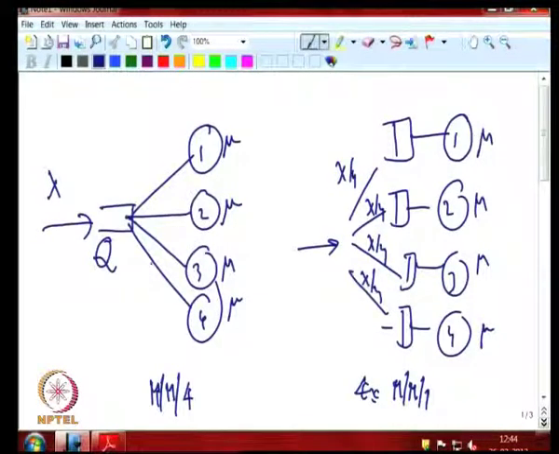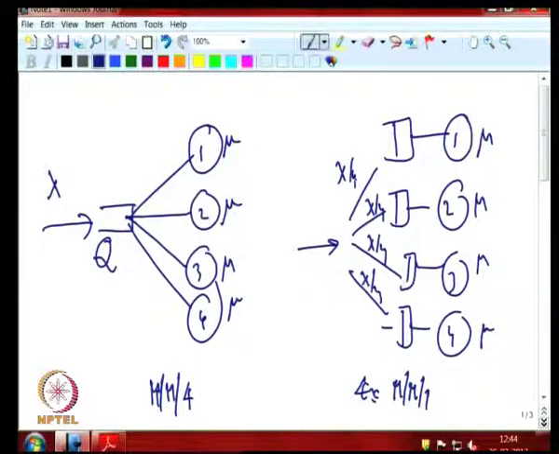remember that for separate queues, you have lambda by, here I have set 4, but actually I am doing MM2 there. So it is lambda by 2. So the actual rate at which things are coming is lambda by 2 for MM2. This was MM4, therefore I divided by 4 here to make sure that the rate is the same for everybody. But if I am using MM2, then lambda by 2 will be there.